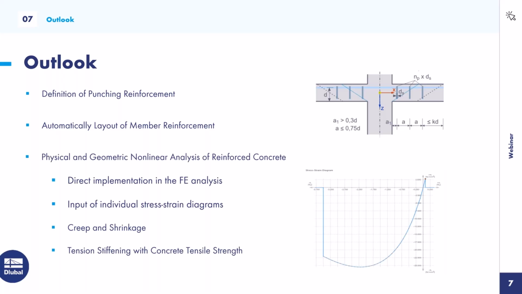The next feature which I want to present to you is a very big development in our company: the physically and geometrically nonlinear analysis of reinforced concrete. We have a completely new concept, and with it the calculation is directly implemented in the finite element calculation of RFEM.